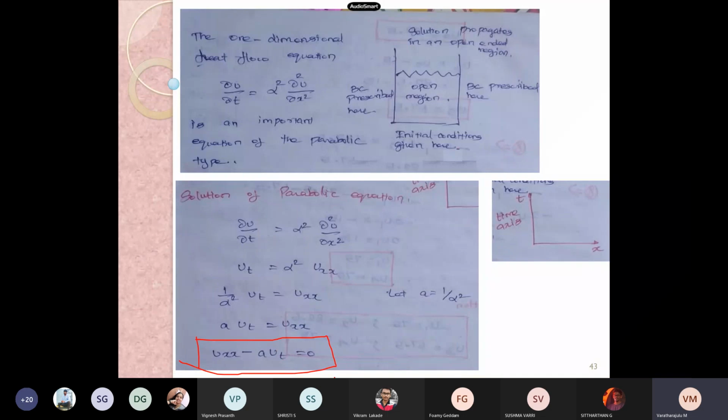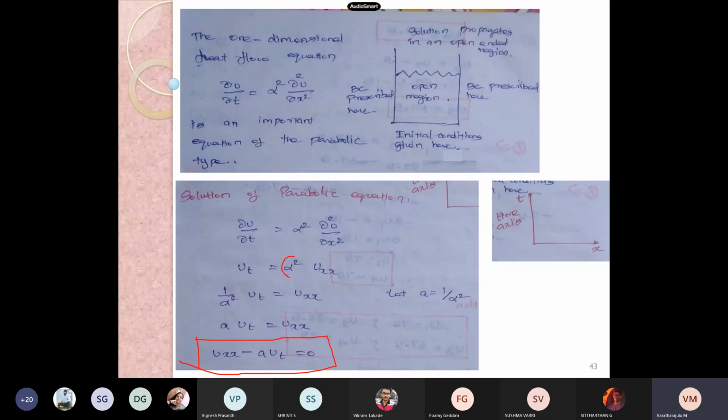I'll tell you how this can be obtained. Dou u by dou t is equal to alpha square dou square u by dou x square. Let dou u by dou t be u_t, equal to alpha square times u_xx.